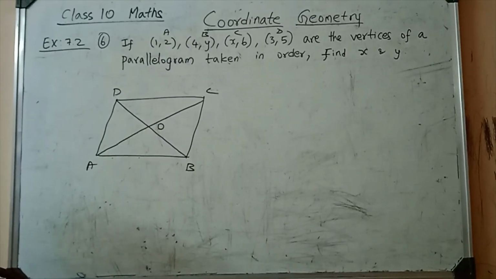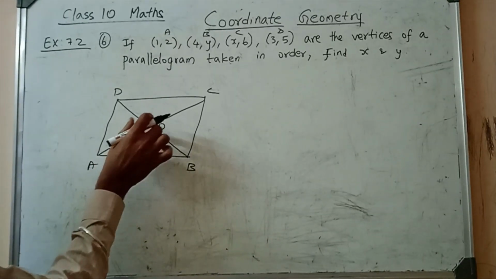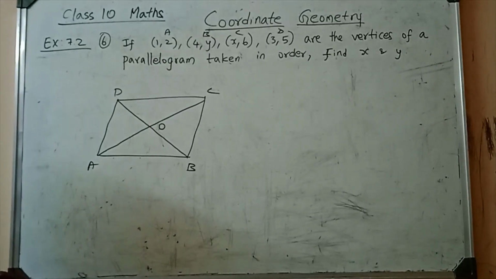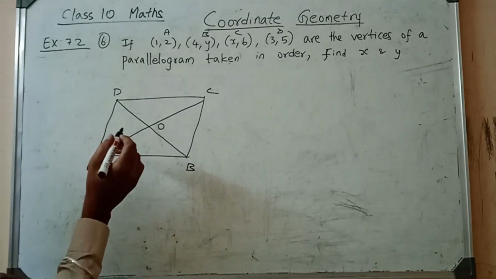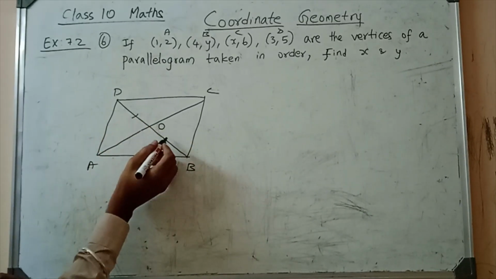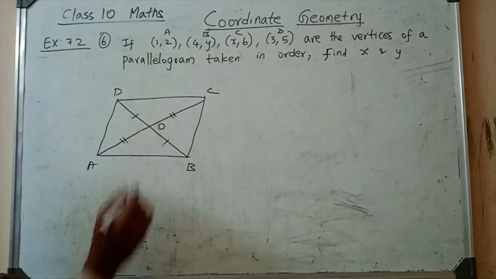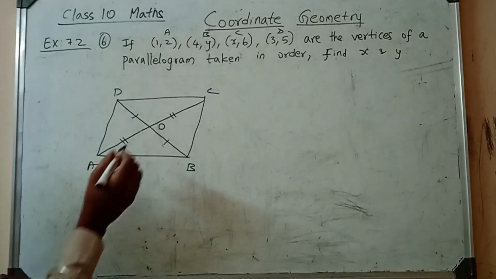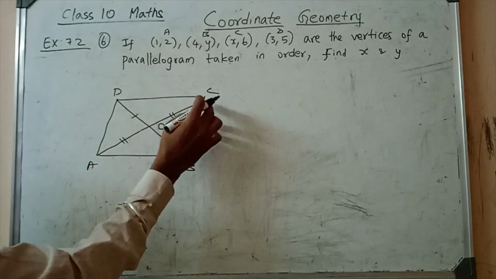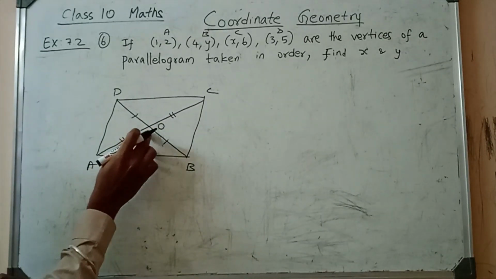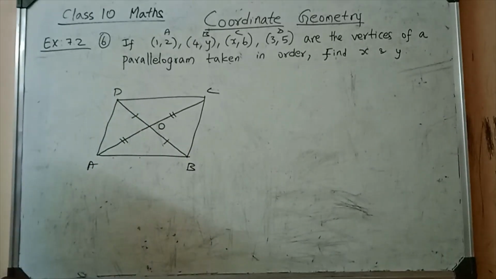Okay. So we know that diagonals of a parallelogram bisect each other. Okay, bisect each other means what? This OD is equal to OB and the AO is equal to CO. Okay, so therefore O is the midpoint of the diagonal AC and it is also midpoint of diagonal BD.